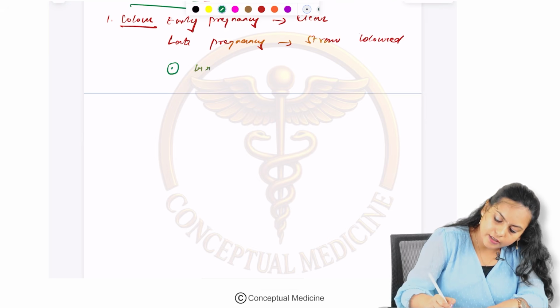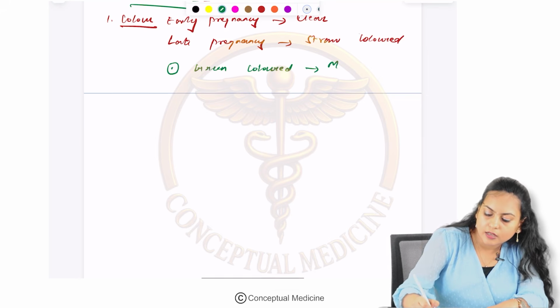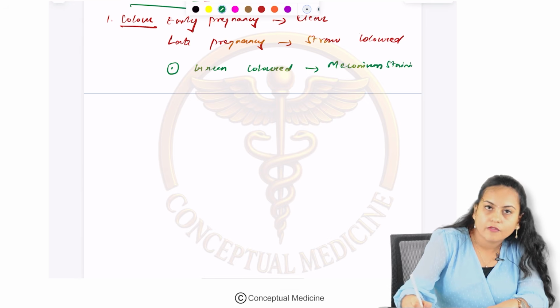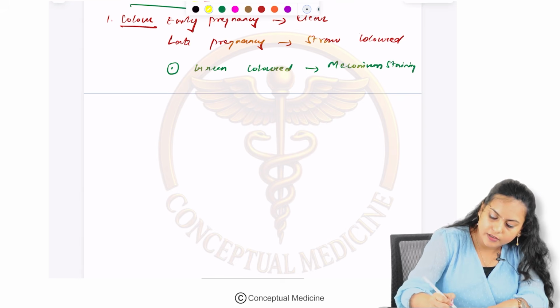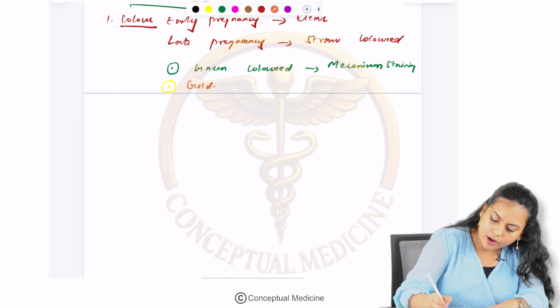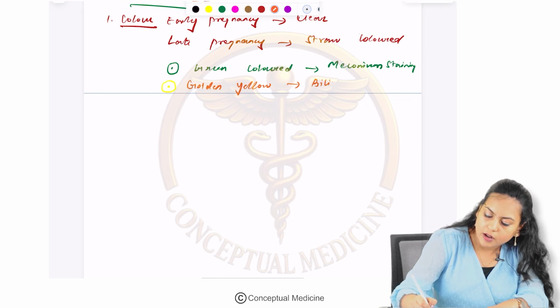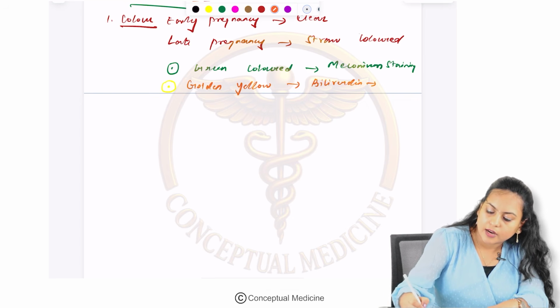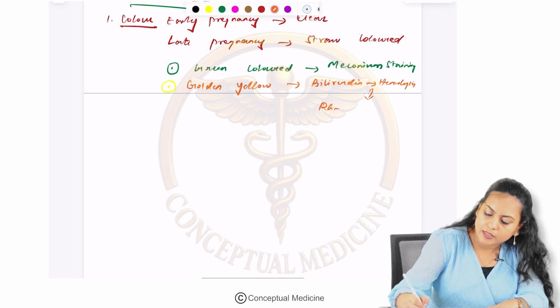Suppose if it is a green colored amniotic fluid, then there is meconium staining, and this happens in case of fetal distress. Suppose if there is a golden yellow amniotic fluid, it is usually due to the presence of biliverdin, and this is seen in hemolysis, which again happens in RH incompatibility.